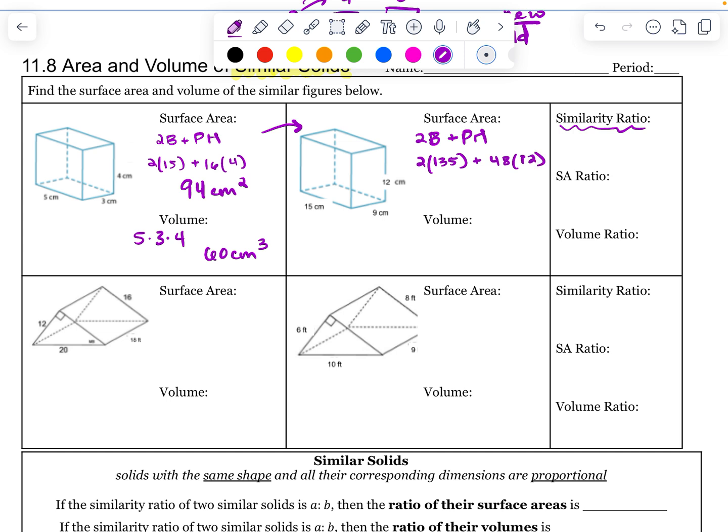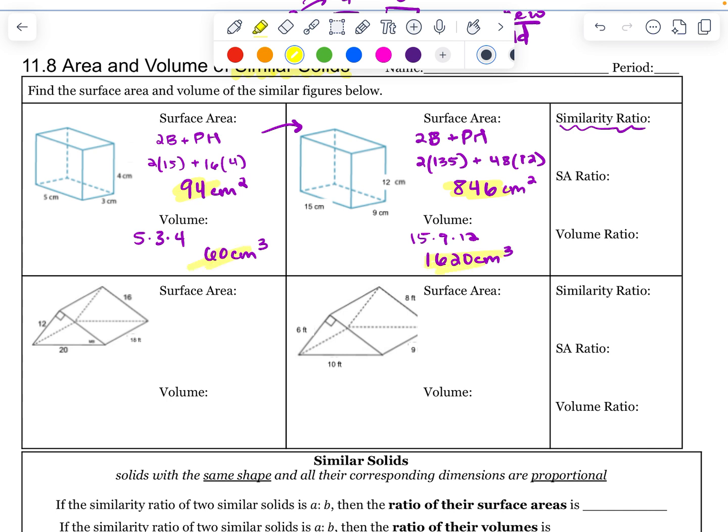So 2 times 135 plus 12 times 48 is 846 centimeters squared. And the volume is going to be 15 times 9 times 12. 1620 centimeters cubed.